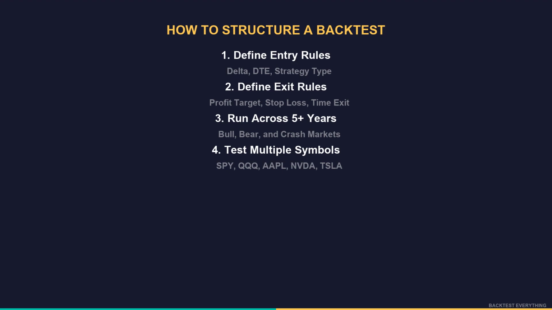Run it across multiple years, minimum 5 years. You need to see how it performs in bull markets, bear markets, and crashes. Step 4. Test across multiple symbols. A strategy that only works on SPY might be overfitting. Test it on QQQ, AAPL, NVDA, and TSLA.